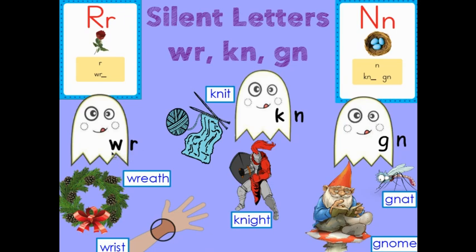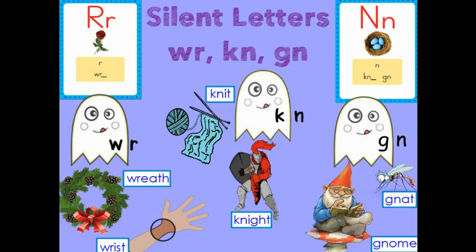And that's because the W is acting as the ghost letter and we only hear the R. Like in this word, wreath. A wreath is a decoration that you hang on your front door. I'm not going w-reath. I'm saying reath. You don't hear that W at all.